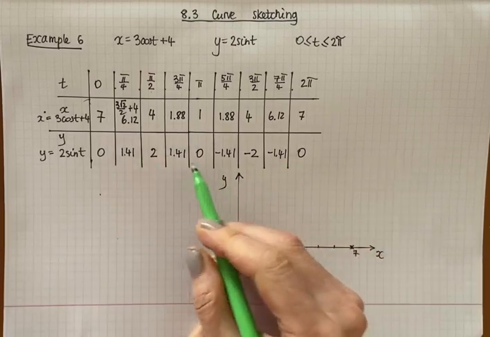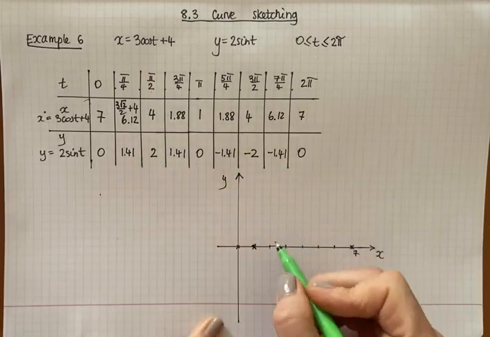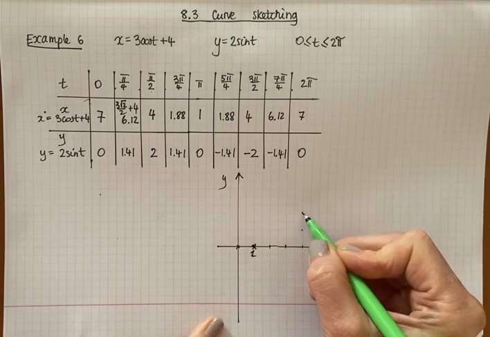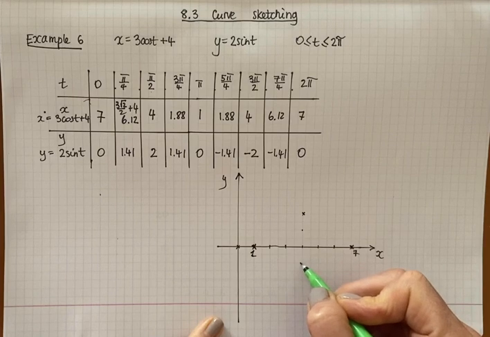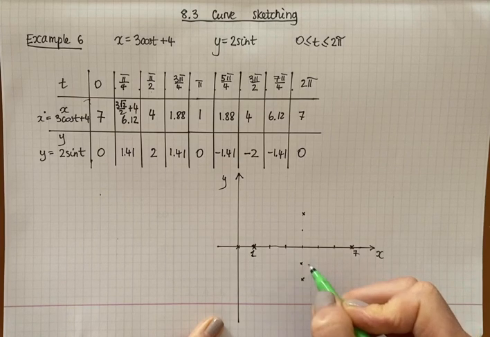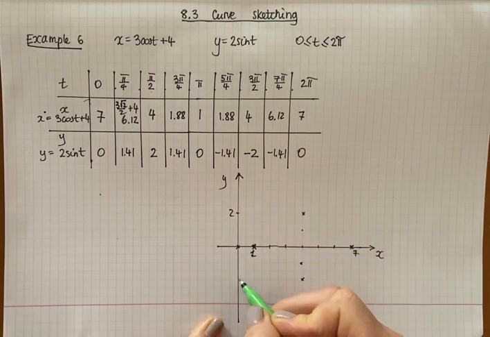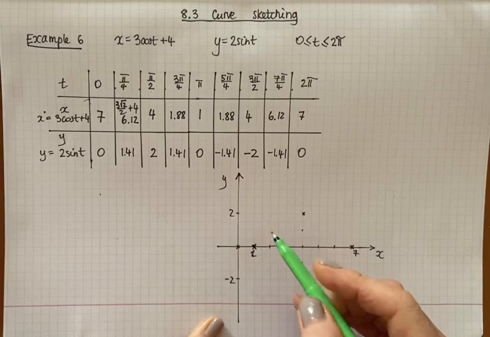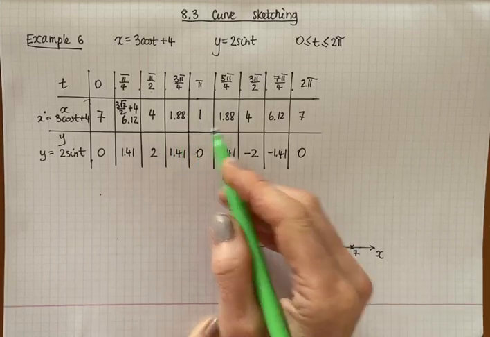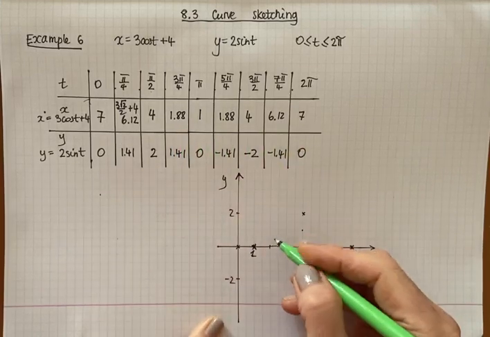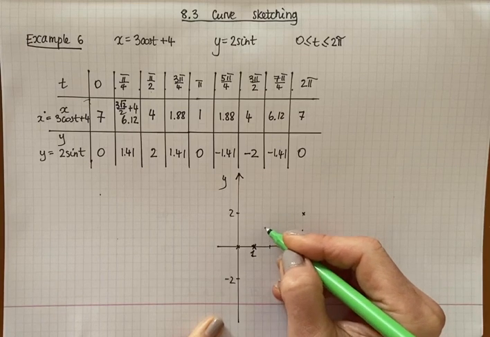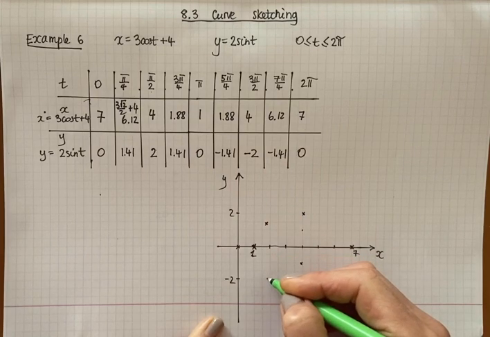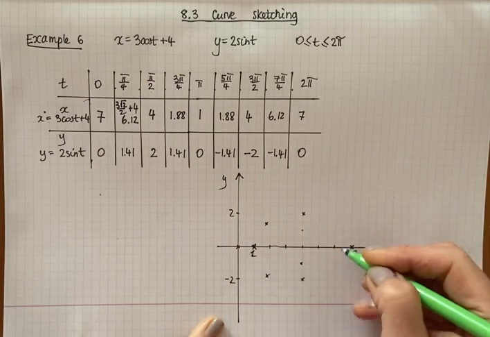What else do we know that's nice? 4, 2, and 4, minus 2. So there is your 2. And then you've got 6, 1.88 first, and 1.41. So 1.88, 1.41, 1.88, minus 1.41, so it's nicely symmetrical.